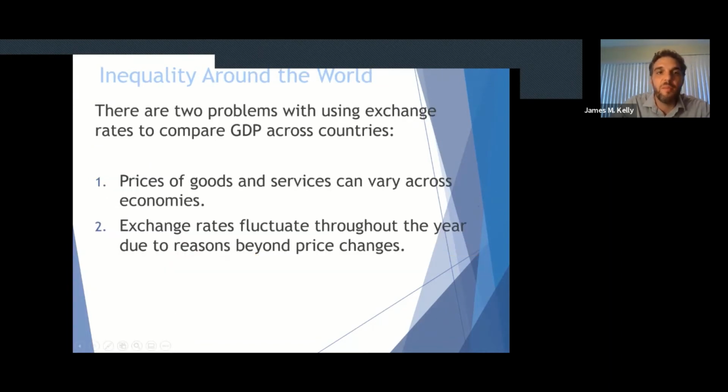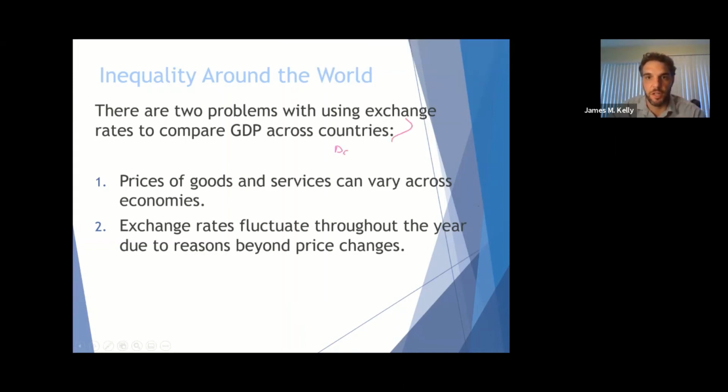Well, maybe not. And the reason it may not be the best measure is because it doesn't account for differences in the cost of living, essentially the overall price level, like CPI or the GDP deflator.